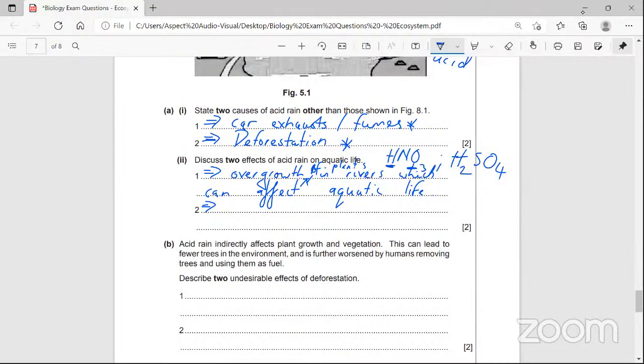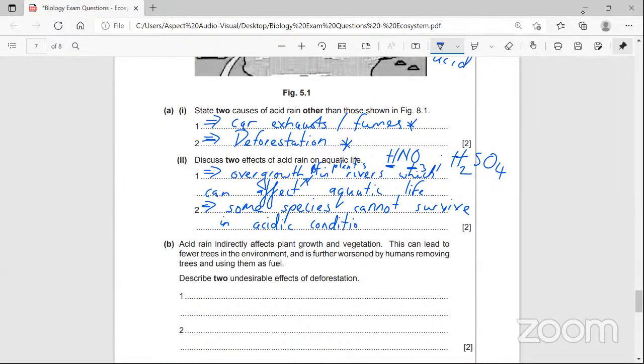Some species cannot survive at low acidity. So you just need to stress the point that it's more acidic. You've changed the environment altogether, so it's not all the organisms that can survive in acidic conditions.